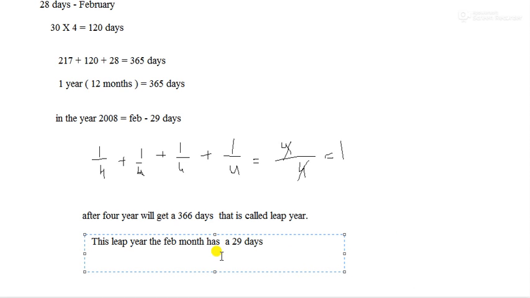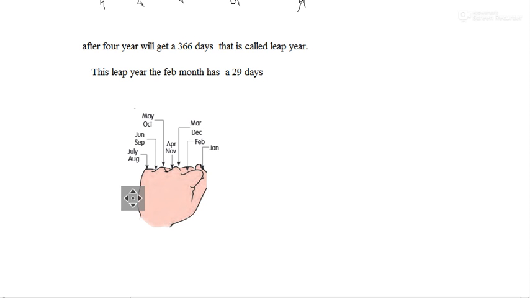Here, how to remember the days in each month? Use your knuckles. All the knuckles show the months with 31 days. The rest, except February, show 30 days.